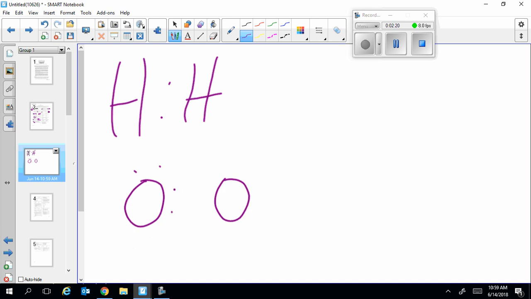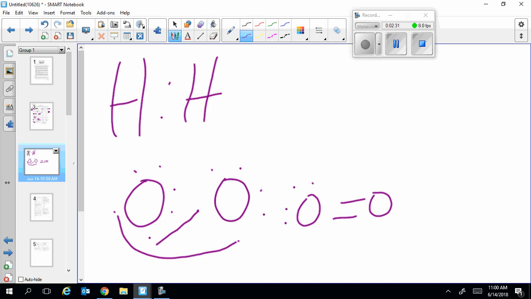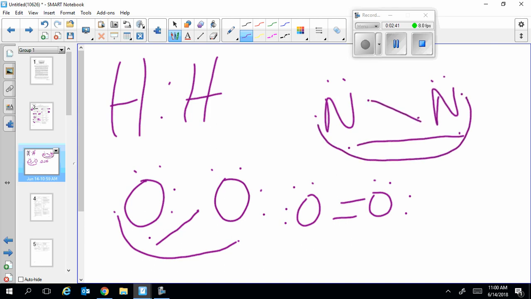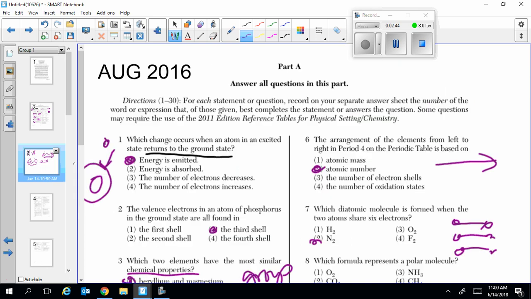So 1, 2, 3, 4, 5, 6. This has 2 bonds forming. So oxygen looks like that. Nitrogen has 5. So 1, 2, 3, 4, 5. So when you loop the lonelies, you form a triple bond. So that's why there are 3 shared.